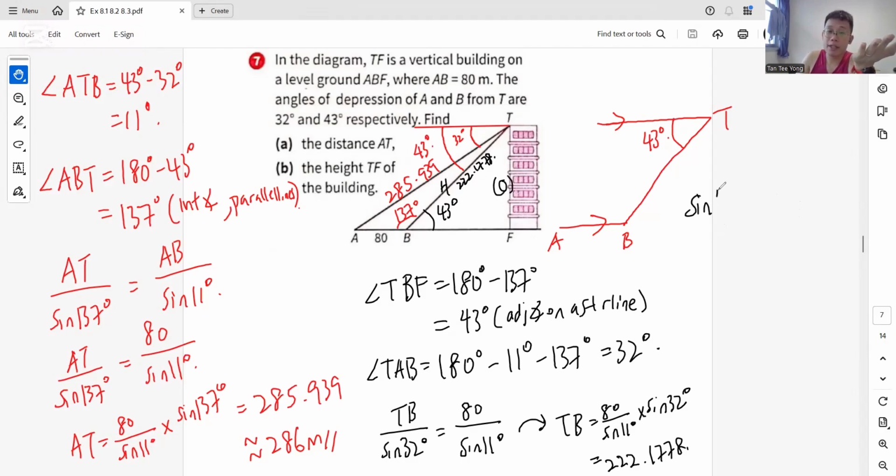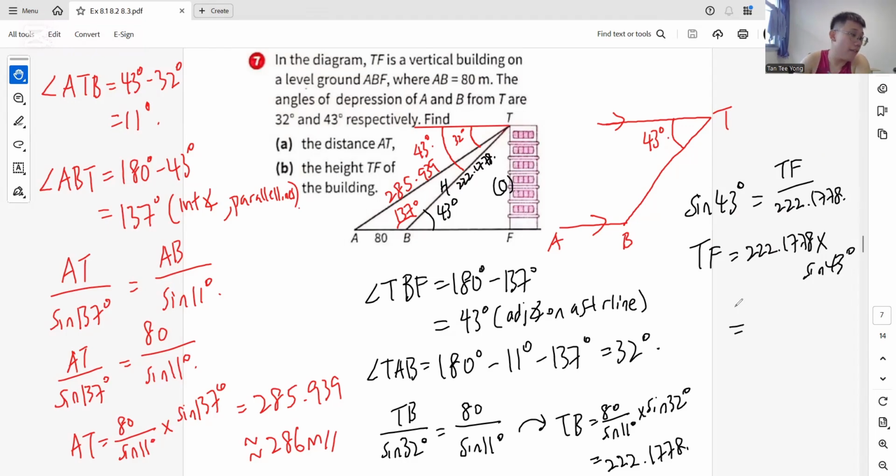So sine 43 degrees equals opposite, which is TF, over hypotenuse, 222.1778. So TF will be 222.1778 times sine 43 degrees.